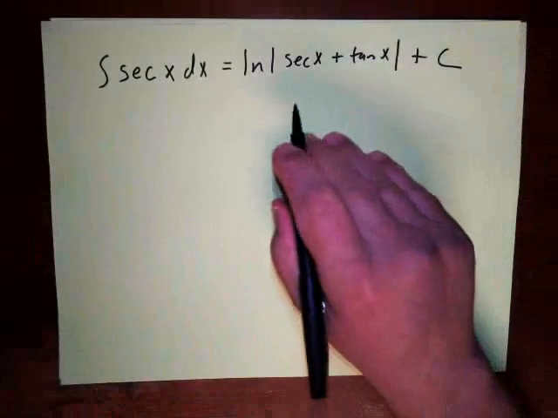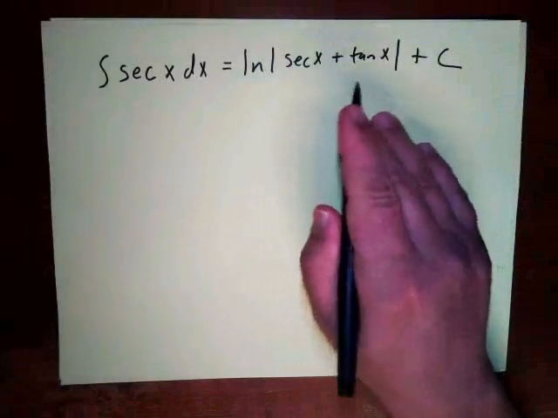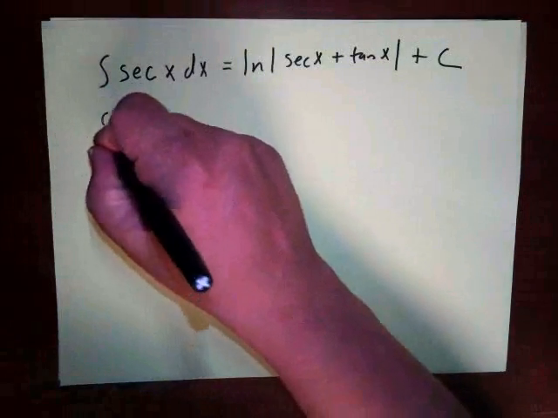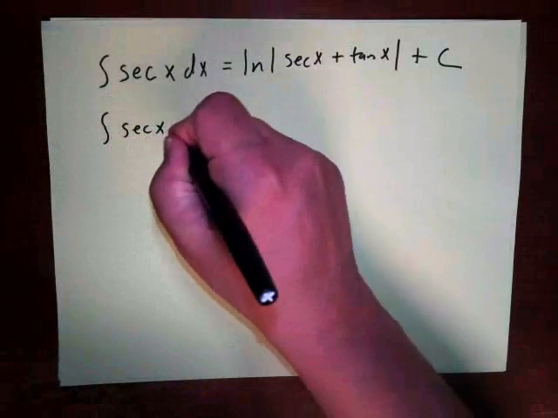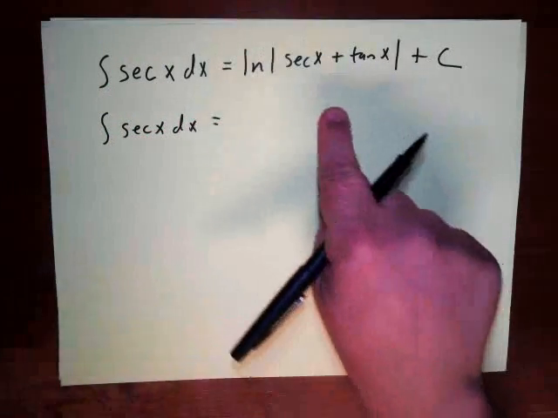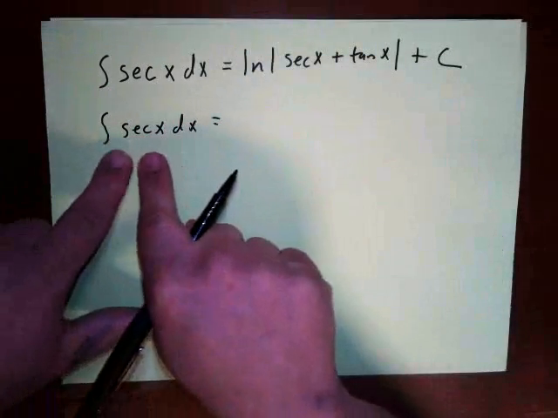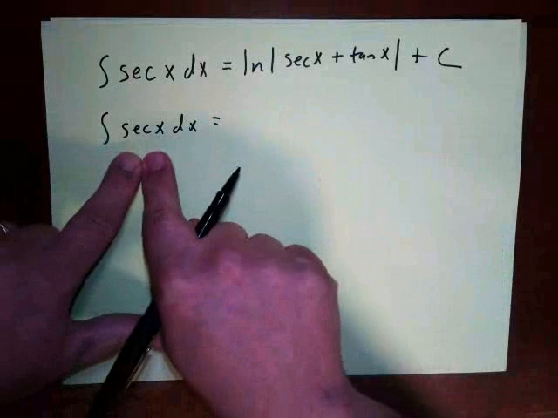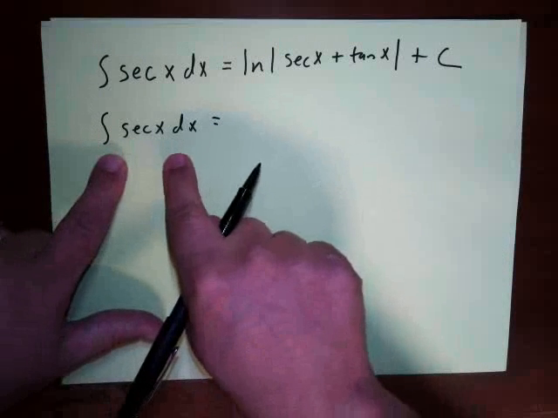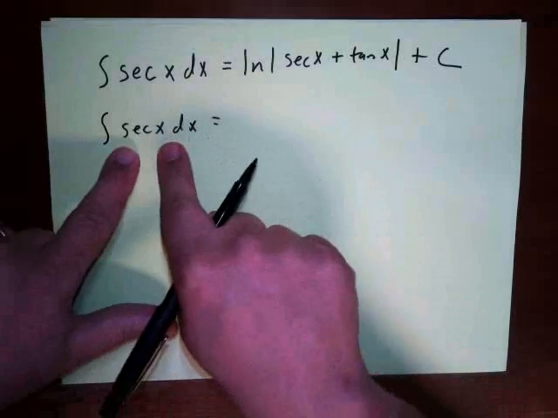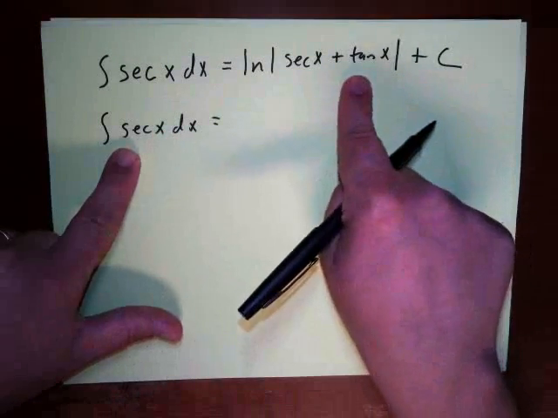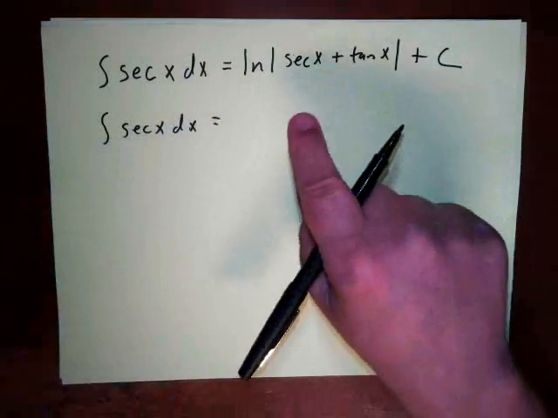That's what it ends up being. So if I have the natural log of this here, then it seems like if I had secant x plus tangent x on the bottom, and the derivative of that on the top, that would lead to this, using that natural log rule.